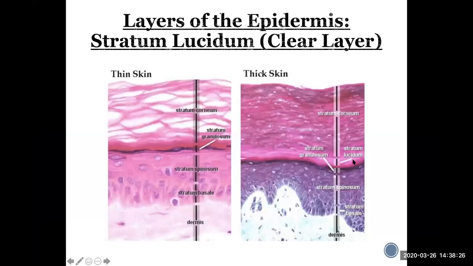So I would have to be clear, either that, hey, stratum lucidum is here, is this thin or thick skin, or I would say, this is an example of thick skin, please identify this layer. Okay, hope that sounds fair to you guys. And any questions about the layers of the epidermis at this point? No? Then I'm gonna move on.